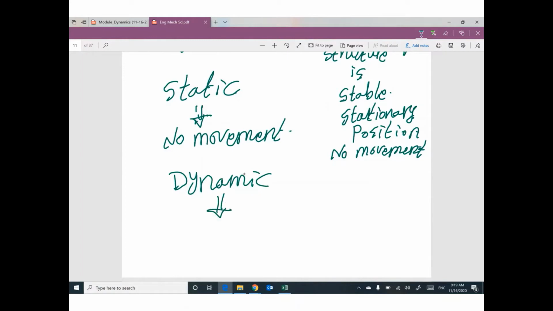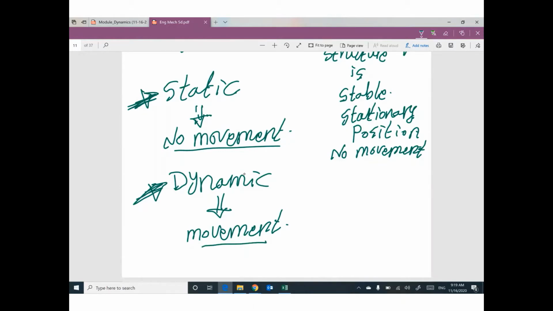Dynamic means the structure, the building, the object, the particle in movement. So this is the biggest difference between what we learned before this moment and what we will learn starting from this point. The difference between statics and dynamics: no movement, we have movement.